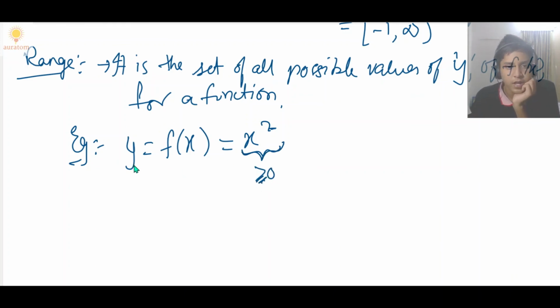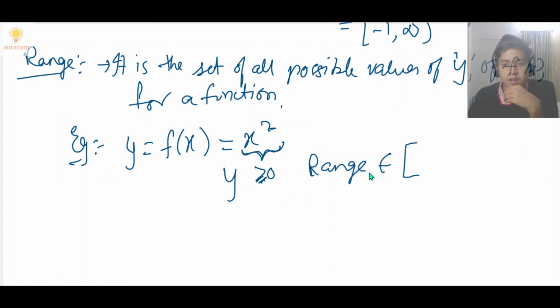That means y, which is f of x, is also greater than or equal to 0, right? So we can see that y cannot be all values. It can only be the numbers greater than or equal to 0. And since the range is a set of all possible values of y, that means range also includes only the numbers which are greater than or equal to 0.